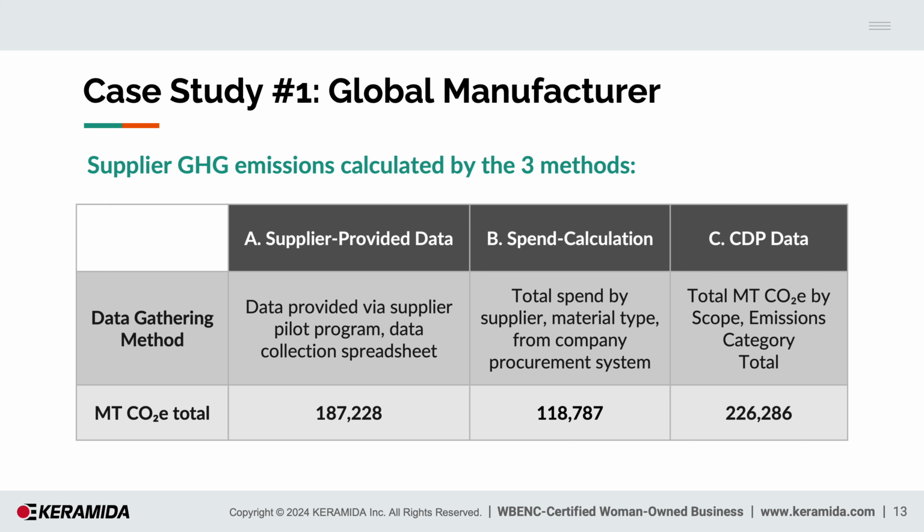So the first approach was the results that the suppliers had provided back from the pilot program, and this data exchange came through a pilot scorecard data collection spreadsheet where the suppliers provided the data directly through that scorecard spreadsheet and submitted it back to the company.